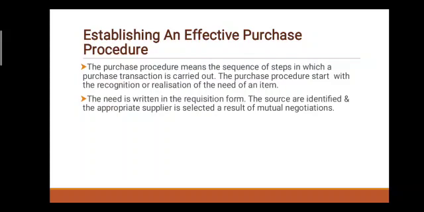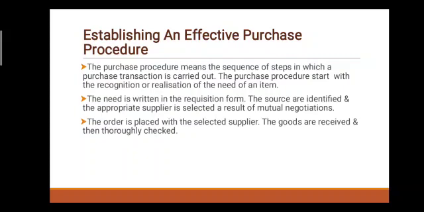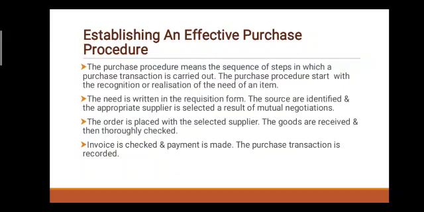The sources are identified and the appropriate supplier is selected as a result of mutual negotiations. The order is placed with the selected supplier. The goods are received and then thoroughly checked. Invoice is checked and payment is made. The purchase transaction is recorded.